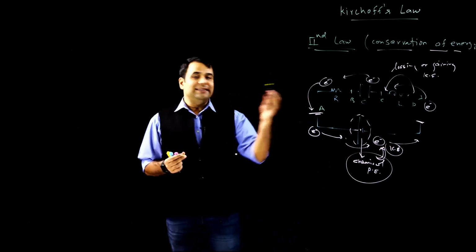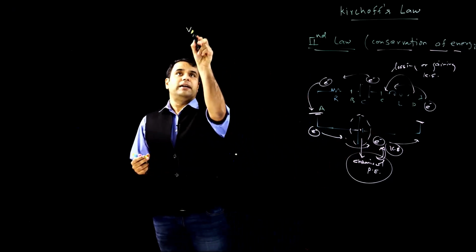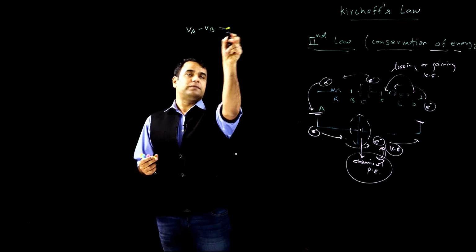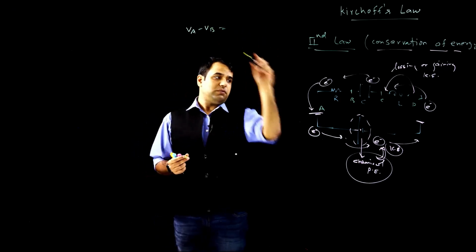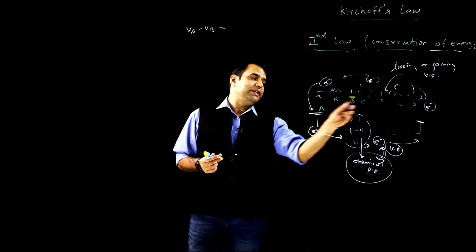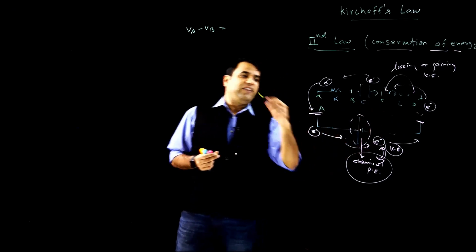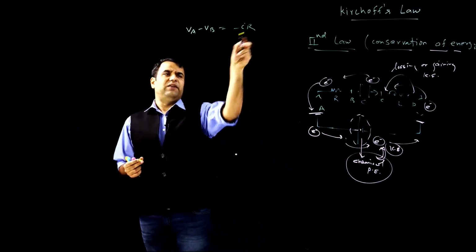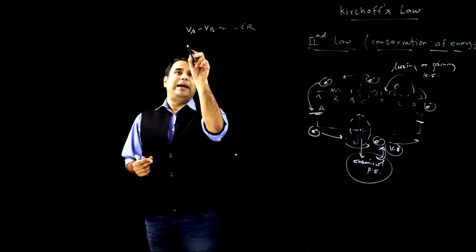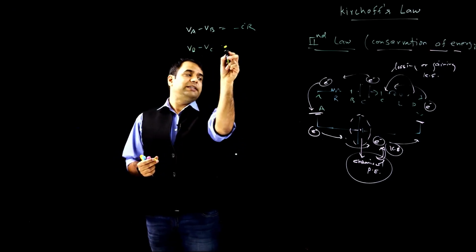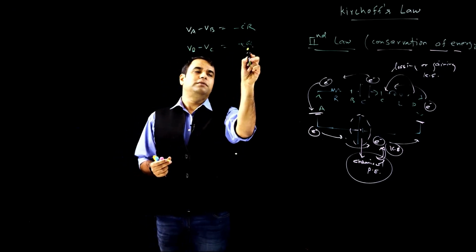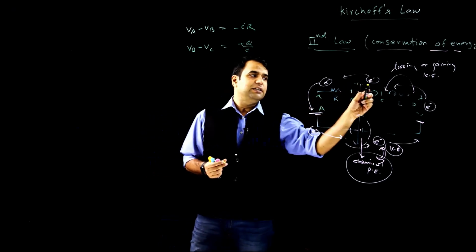So in this case, if I calculate VA minus VB, it will have some value. We already know if the current is flowing in this direction, we know how to calculate VA minus VB. It will be minus IR. When you calculate VB minus VC, it is generally plus Q by C. I'm assuming positive charge here.